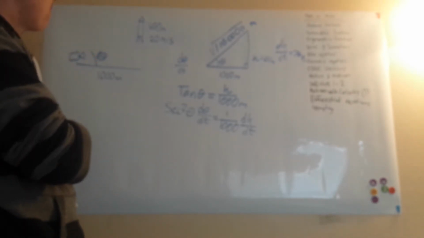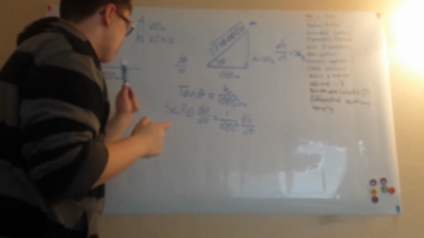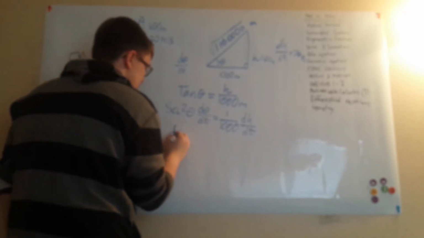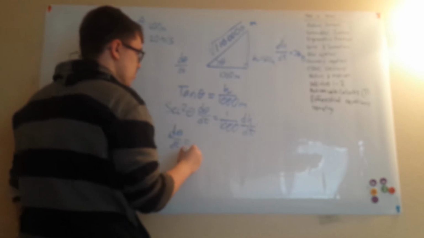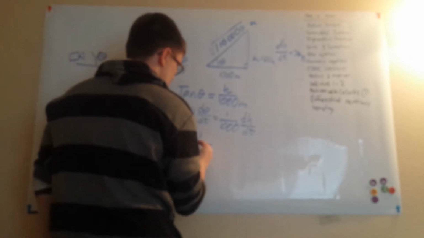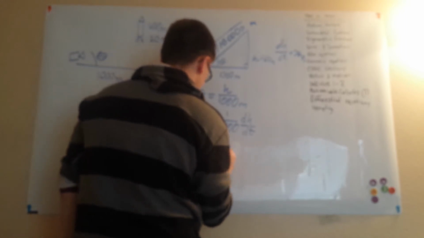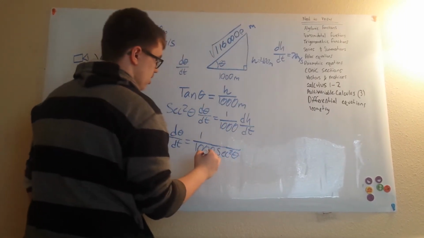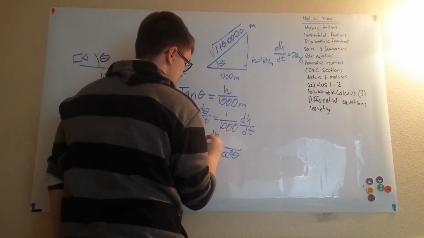So, let's solve for d theta dt. So d theta dt equals 1000 times the secant squared theta, because we're dividing, and this is dh dt.